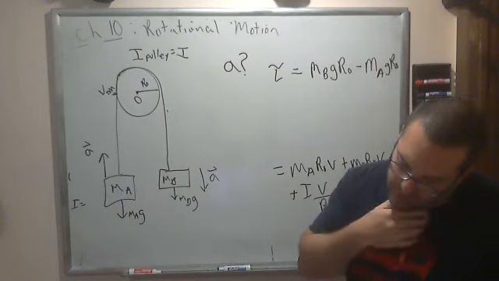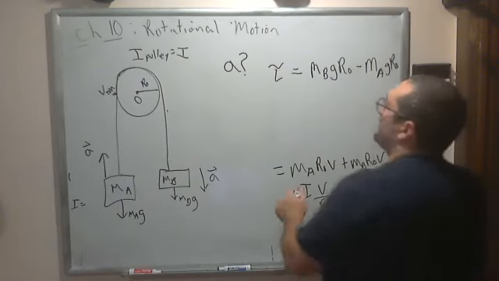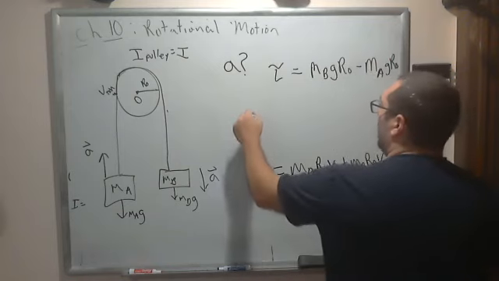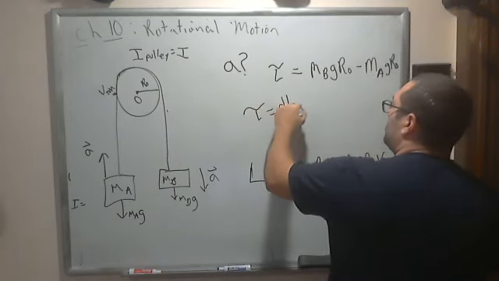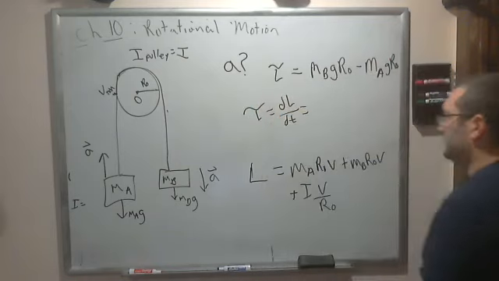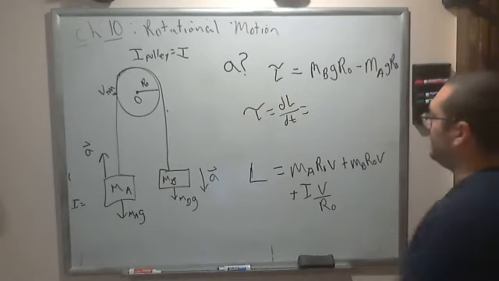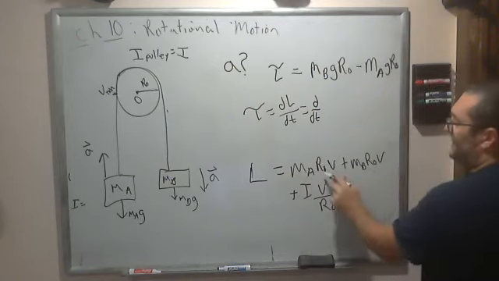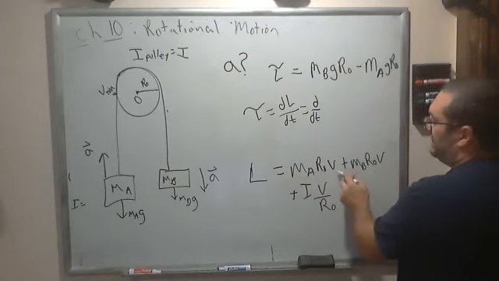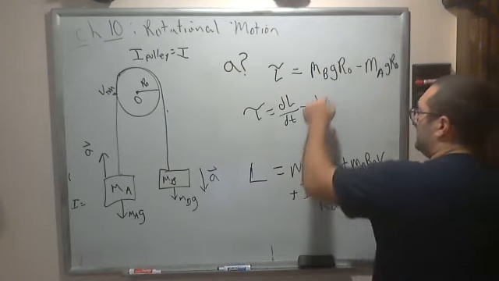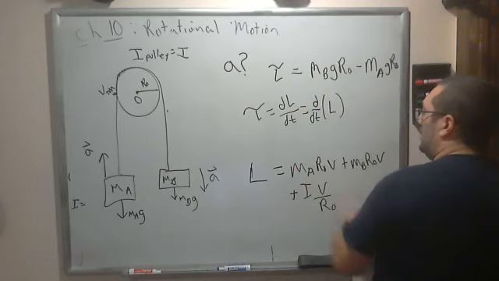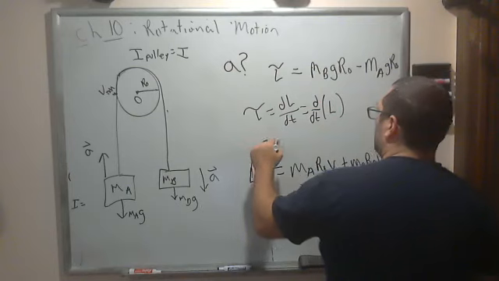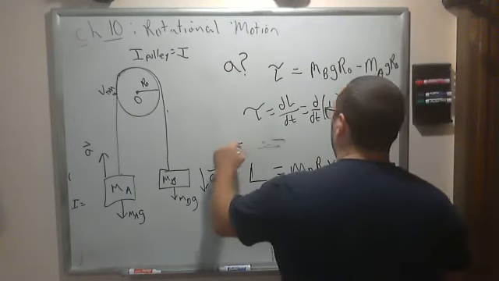Now we can relate the two. What equation are we going to relate it to? We know that the torque is equal to dL/dt. So let's take the derivative of L. Nothing changes in time except for the velocity, so we just take the derivative of the velocity.